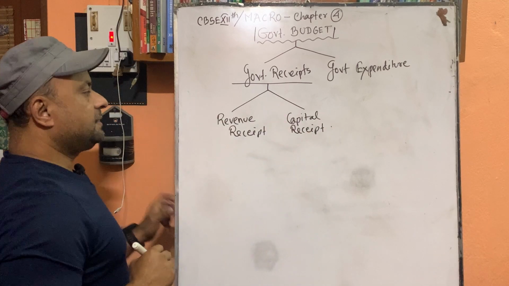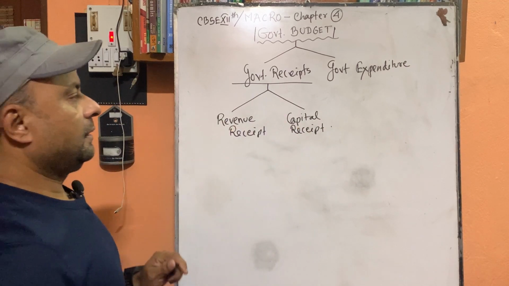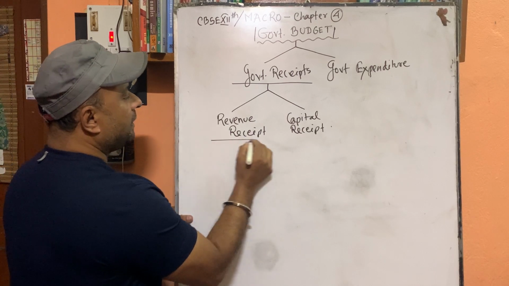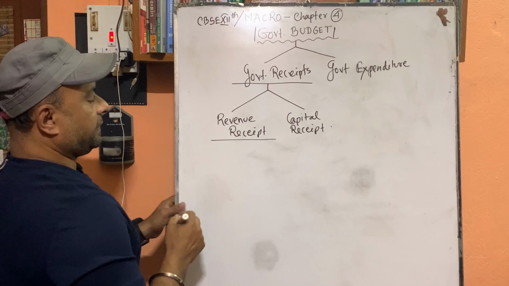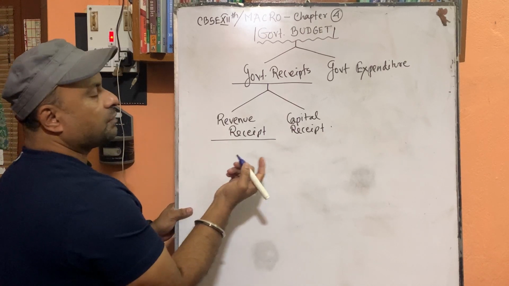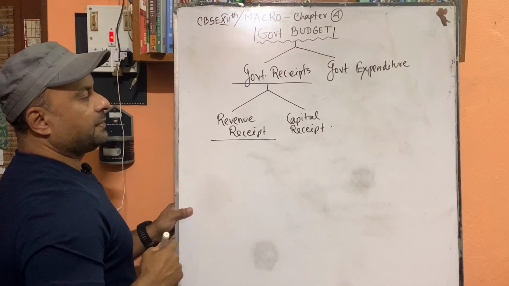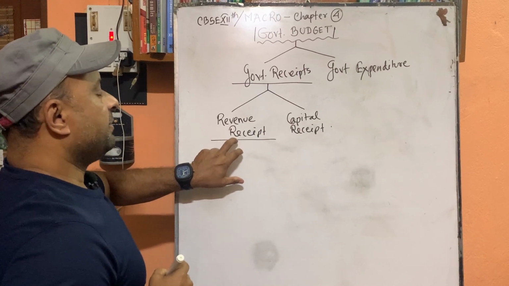Two types of government receipt: one is revenue, one is capital. In revenue receipt, what happens? In revenue receipt, government asset and liability doesn't get affected. Whatever is the asset, whatever is the liability, all remain the same. It is not affected by the revenue receipt.